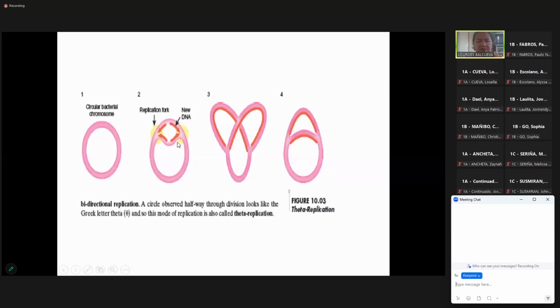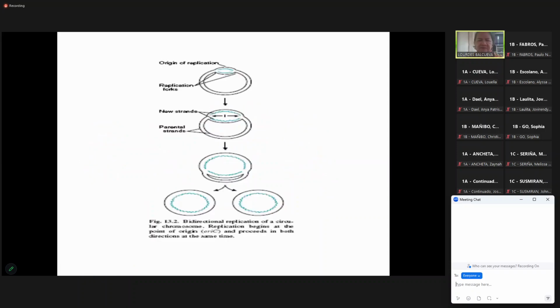Okay, if this is north, that is south, no? But there are two replicating forks here. Okay, so as they continue on with replication, then it is divided. That one-celled organism is divided into two, and at the end of which you have two DNA molecules.